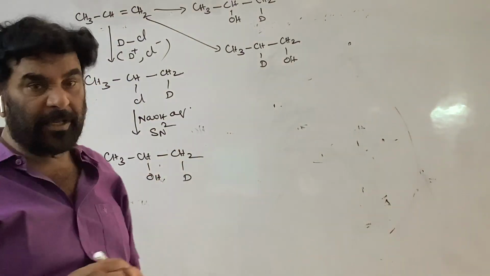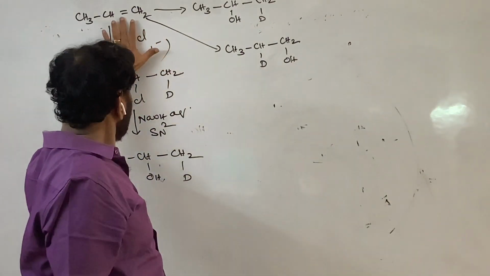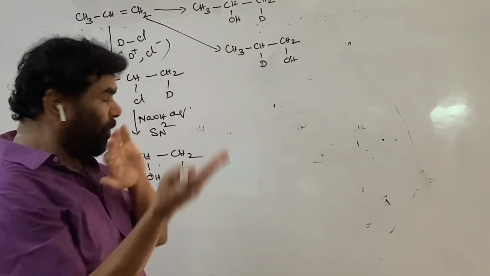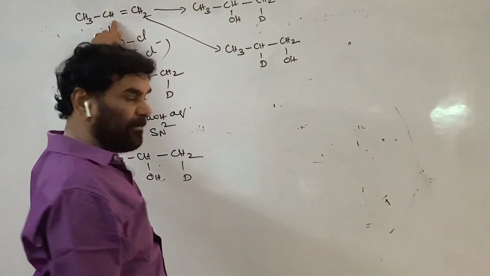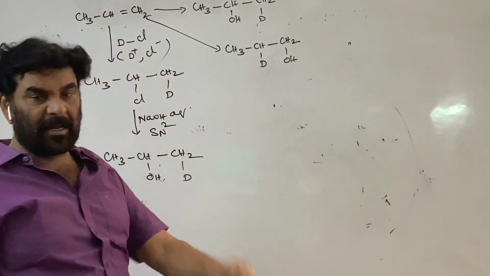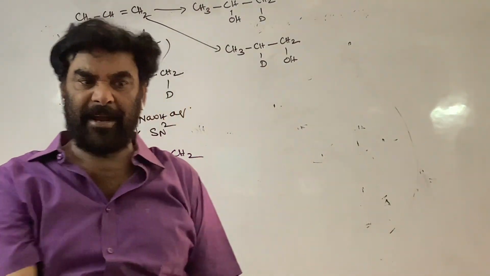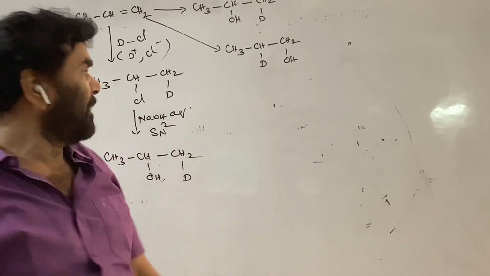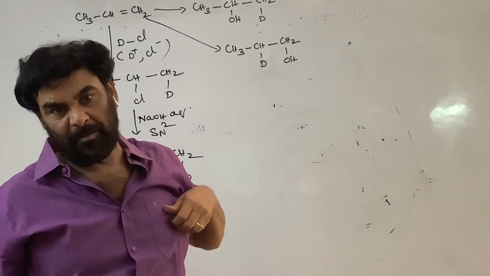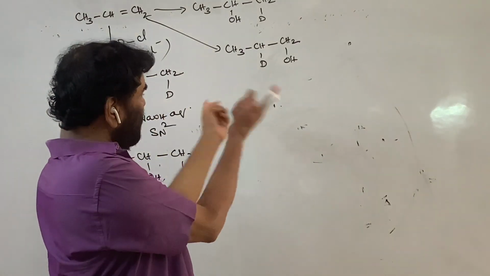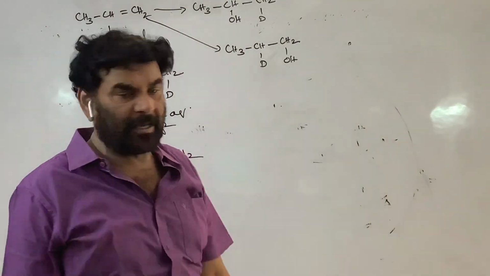But here the deuterium is adding, and during the addition, the nucleophile has to go to the C2 carbon, the double bond carbon containing fewer hydrogen atoms. But here the addition of water is taking place against Markovnikov's rule.